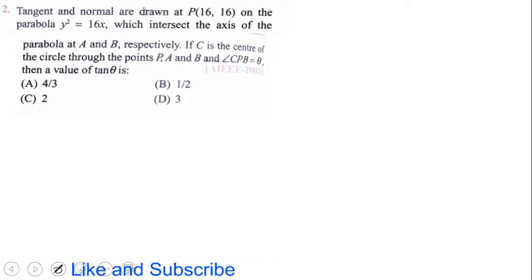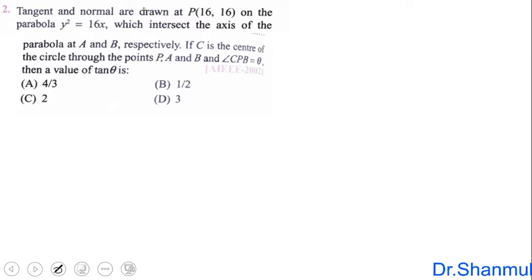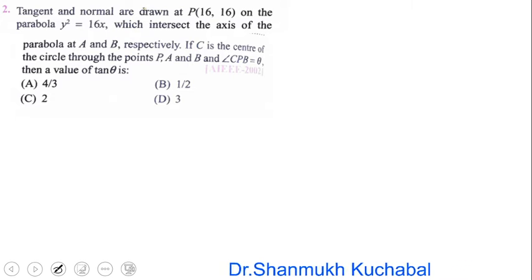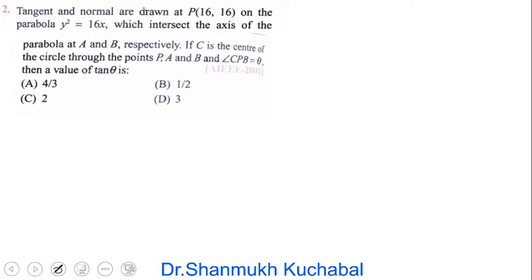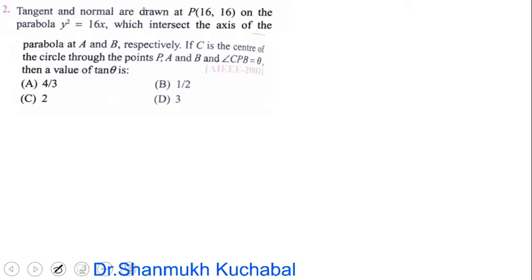If C is the center of a circle through the points P, A and B, and angle P is theta, then we have to calculate the value of tan theta. So the question is very lengthy, so with a simple technique I use the process of differentiation. In calculus you have studied how to differentiate a simple function. So using that technique I am going to solve this particular example.